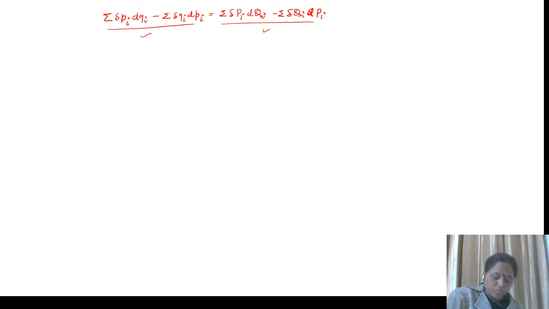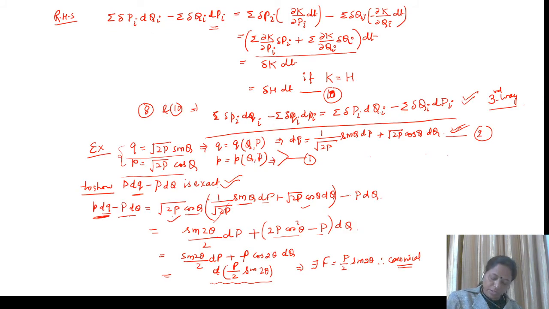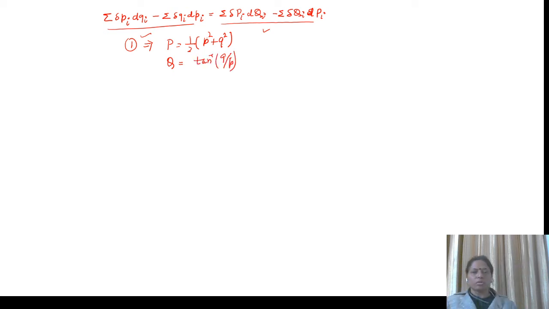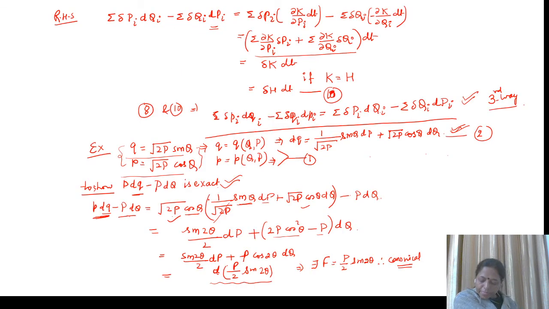So if I solve these given equations, I may get capital P is equal to half of p square plus q square. You can very well solve these and find capital P and capital Q in terms of the old variables. Now I have to prove this condition to be satisfied. This is the first way.